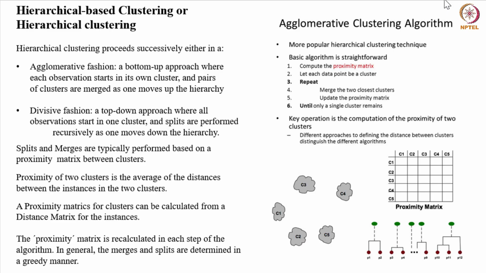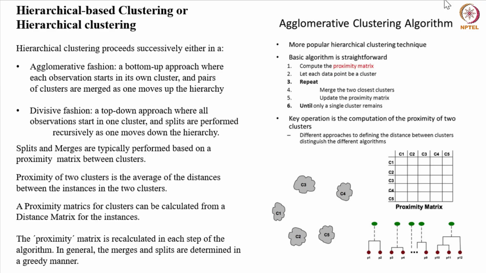The proximity matrix is then recalculated in each step of the algorithm, because the distance doesn't change. The distance matrix is the same, but because the candidate clusters shift during the process, we need to calculate the proximity matrix in every step for each new setup of candidate clusters.